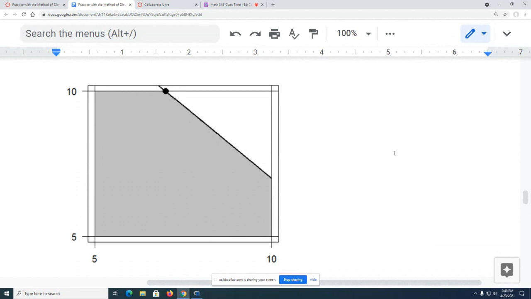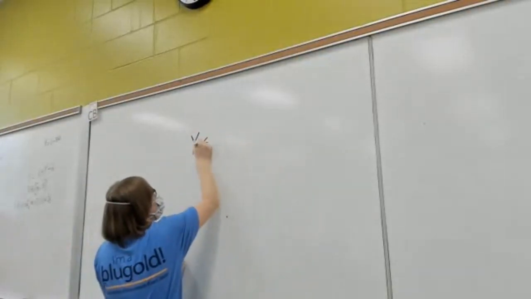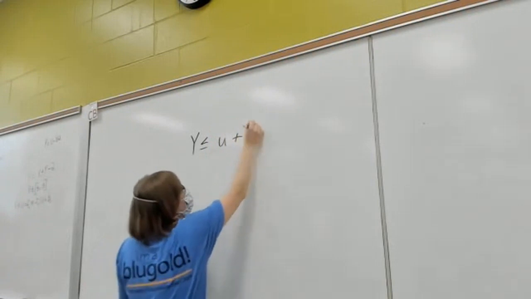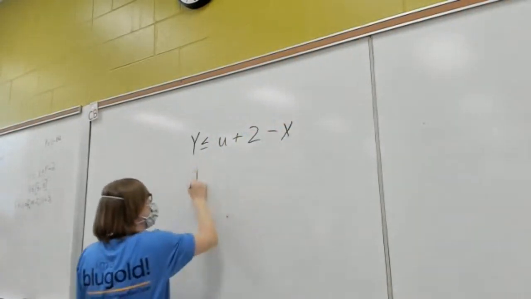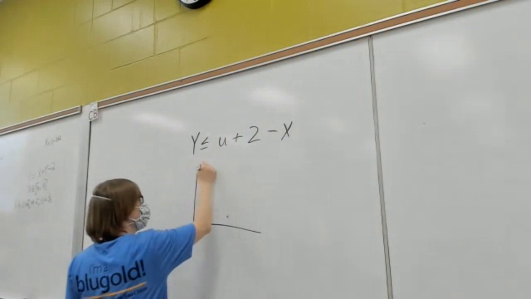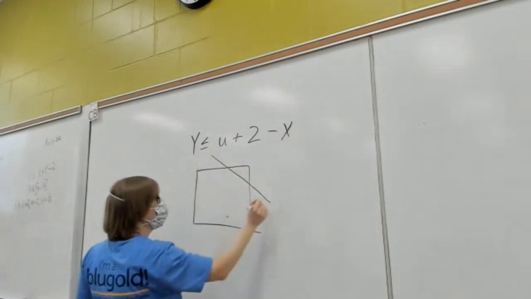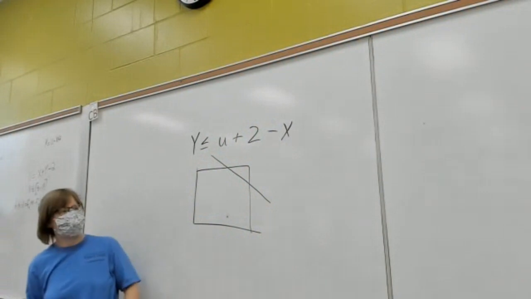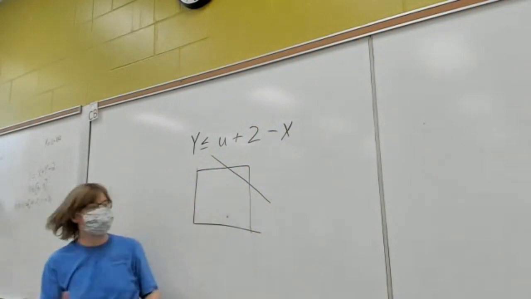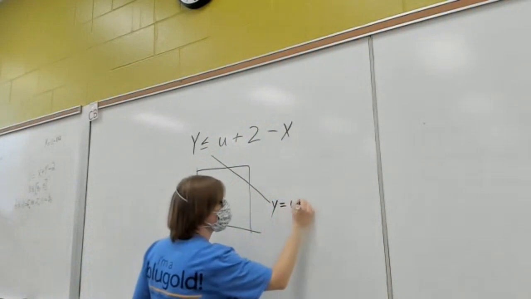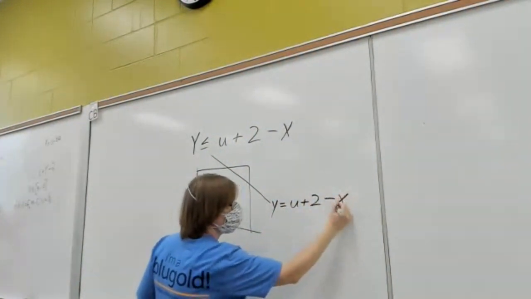So you might be overthinking this. We want to shade in the region where it's true that y is less than or equal to u plus 2 minus x. So this line is the line y equals u plus 2 minus x.